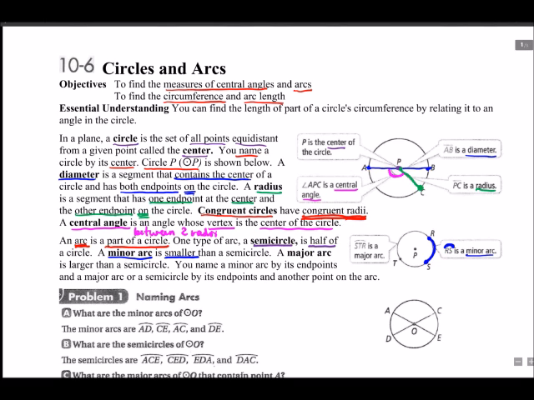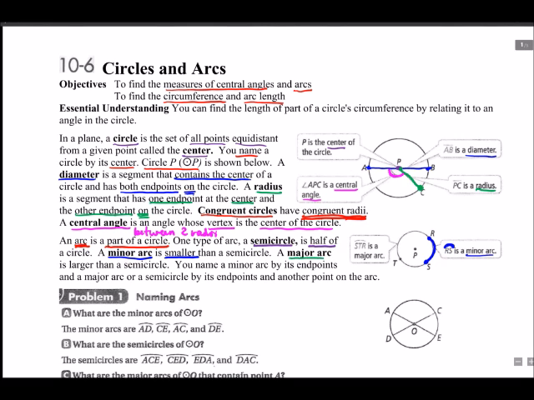Not a segment, it's curvy, it's an arc. Arc RS is a minor arc. We also could have named that arc SR, just from endpoint to endpoint. Now you'll notice that this is very similar to segments in our polygons. This is just the circle notation.